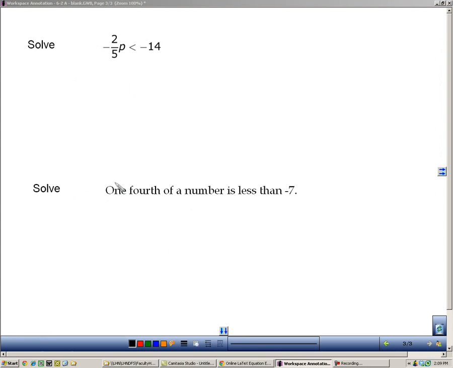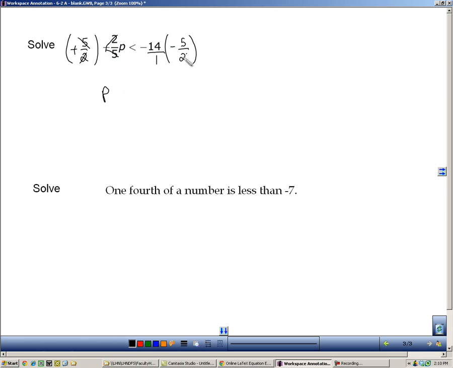A couple more examples. Here we have an example where there's a fraction in front of a variable. One way that we can get rid of an entire fraction is to use the reciprocal idea. The reciprocal of negative 2/5 is negative 5/2. So I'm going to multiply both sides by negative 5 over 2. So the 5's will cancel, the 2's will cancel, and the negatives, leaving a p, which is good because I wanted to isolate the p.